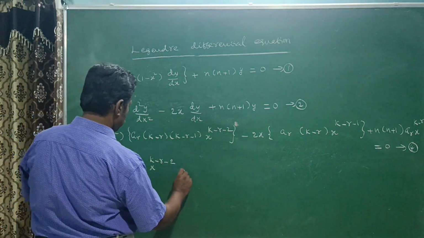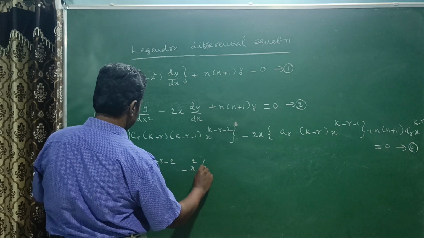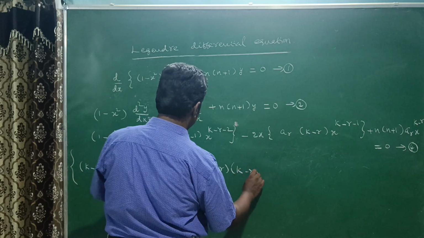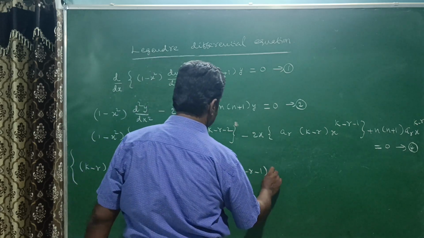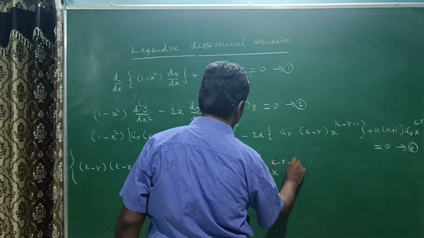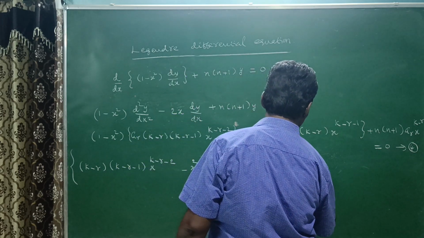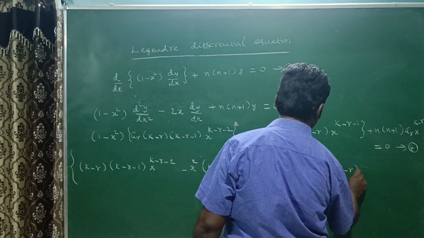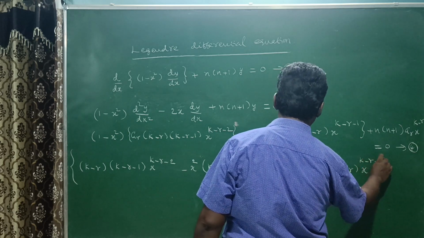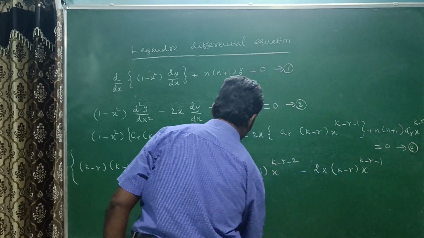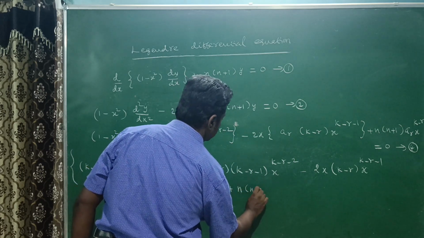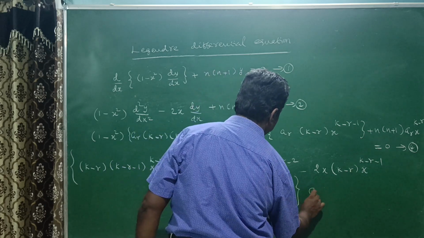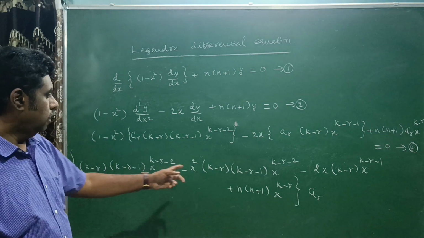Then minus x square into (k minus r)(k minus r minus 1) x power k minus r minus 2, then minus 2x into (k minus r) x power k minus r minus 1, plus n into (n plus 1) x power k minus r, entire is multiplied by a suffix r, that is equal to 0.